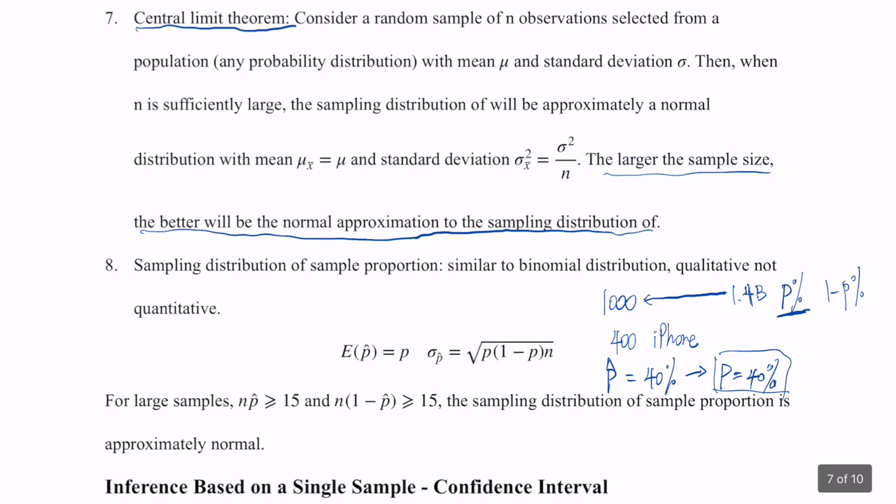You see what I'm implying here? This is very similar to the binomial distribution, right? You remember the binomial distribution from the probability and distribution chapter: for each certain event, there's a yes or no result, an either-or result. So for each single person in China, the probability that the person has an iPhone is p%, and the probability that the person does not have an iPhone is 1 minus p%.